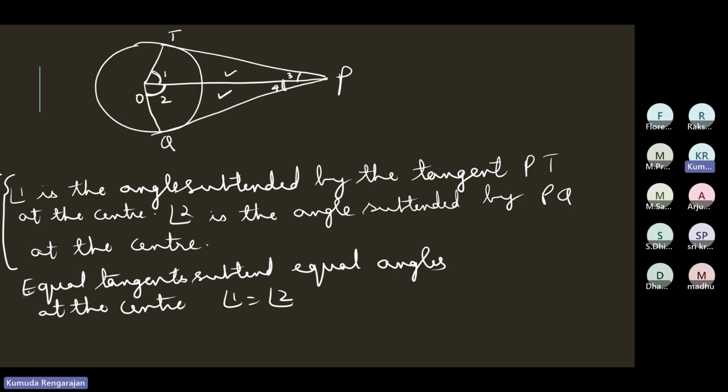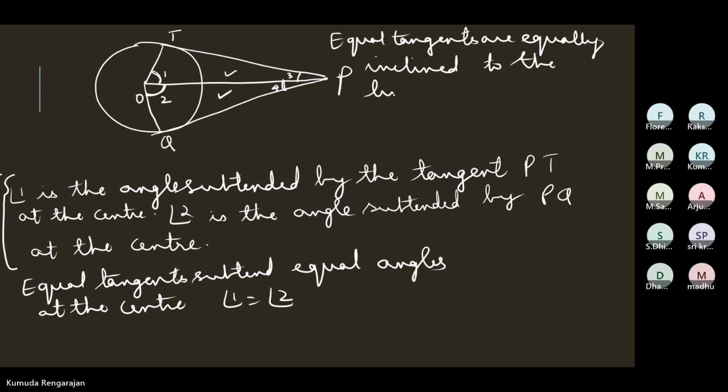For 3 is equal to 4, equal tangents are equally inclined to the line segment joining the center and the external point.